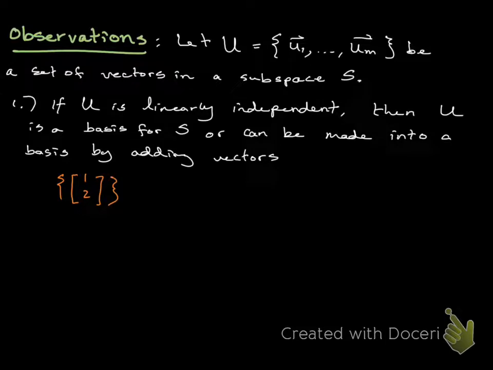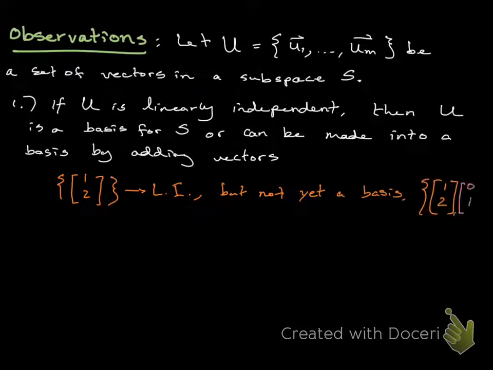Well, I need to add something to this. And really, if I just add the vector, say, 0, 1, then this set should span R2. The vector I had was linearly independent, but it wasn't enough to give me a basis, right? I had to add something to it to form a basis.